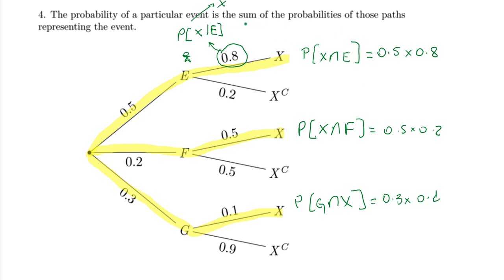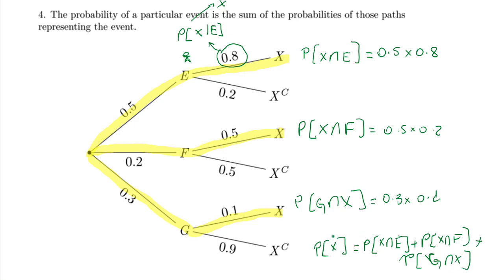What this rule is telling us is that the sum of these paths represents the event. So P of X is actually the sum of all these paths, okay? X intersection E plus P of X intersection F plus P of G intersection X. So this is what we commonly say: the probability of an event is the sum of all the possible ways you can have that event, okay?